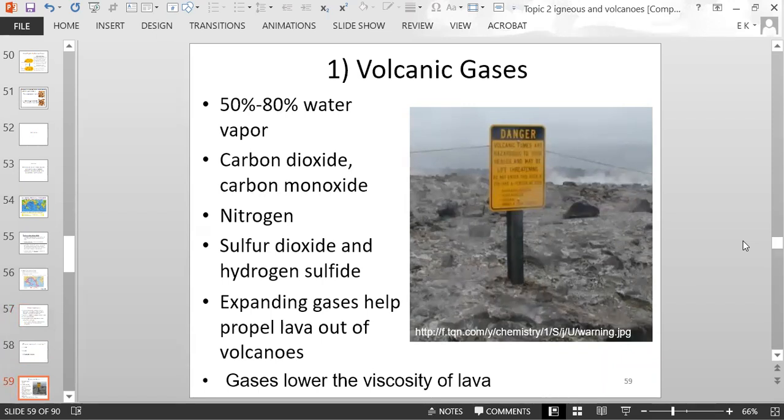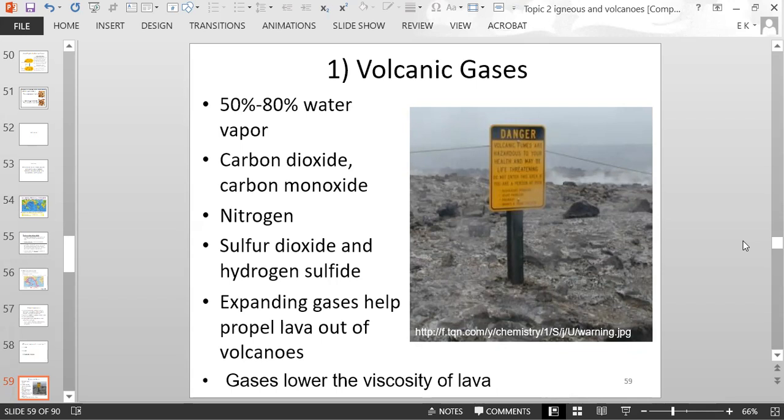Volcanic gases include 50 to 80% water vapor, and then also carbon dioxide and carbon monoxide, nitrogen gas, sulfur dioxide, and hydrogen sulfide as well, which are dangerous. Volcanic gases can be dangerous in general. So the sign here in the photo says, volcanic fumes are hazardous to your health and may be life-threatening.